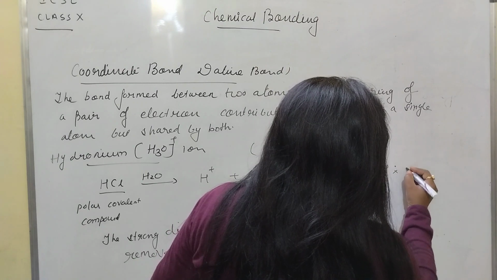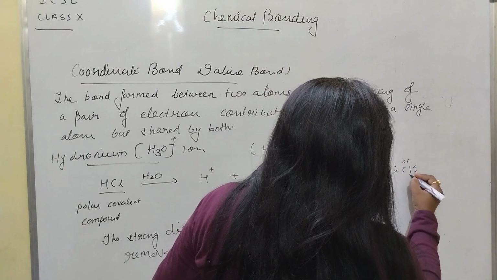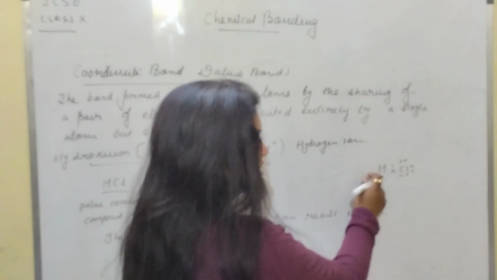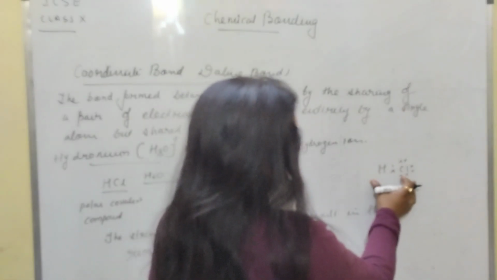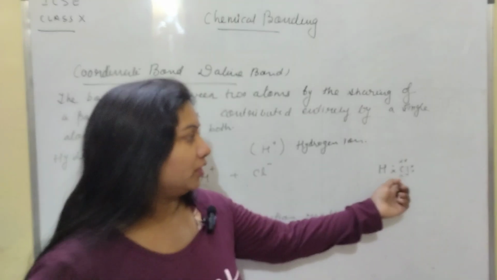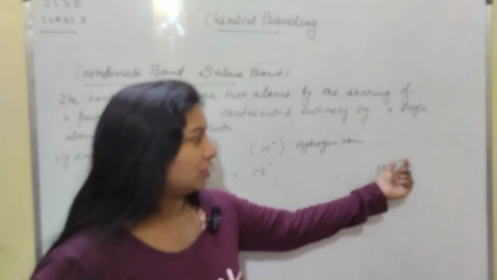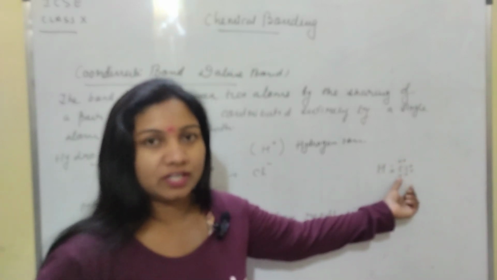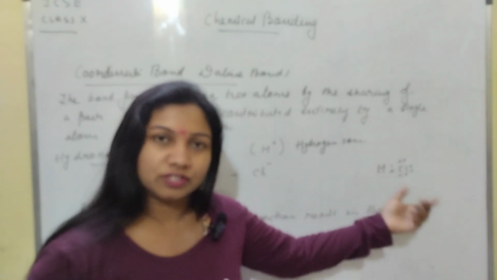The structure is like this. We have 7 electrons in the valence shell of chlorine and 1 in hydrogen. After the formation of the covalent bond, the electrons are shared between the two. Mutual sharing is taking place. But chlorine, being more electronegative, takes away the electron of hydrogen as well.